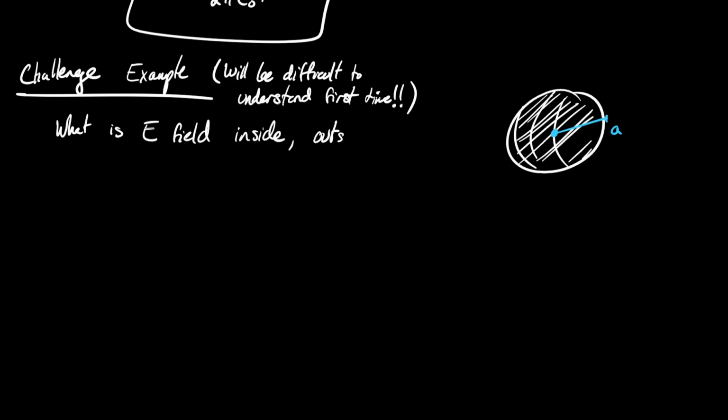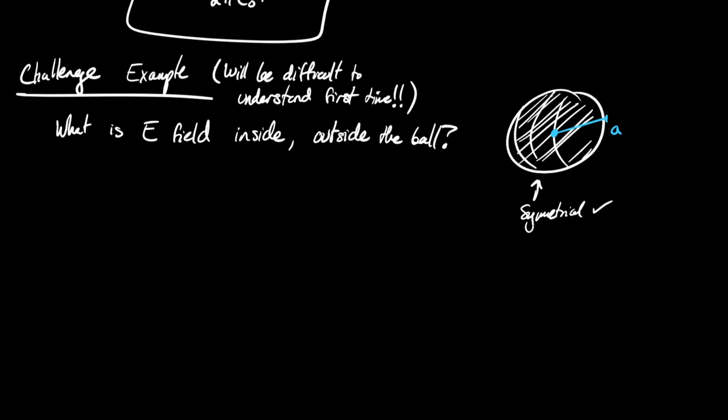And then what's the electric field outside the ball? Okay. And we're going to use Gauss's law because we have a nice symmetrical setup. Okay, so let's tackle the case of being outside the ball first. And I'll explain, there's not really a reason why you do that first. It just turns out it'll be easier. And then we'll tackle the more difficult case of inside the ball afterwards.